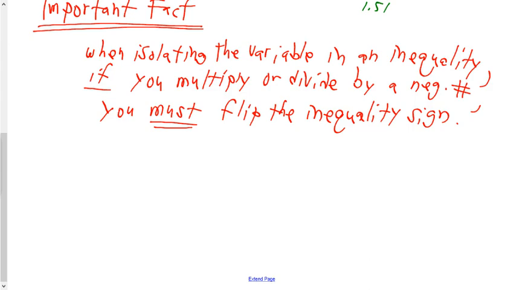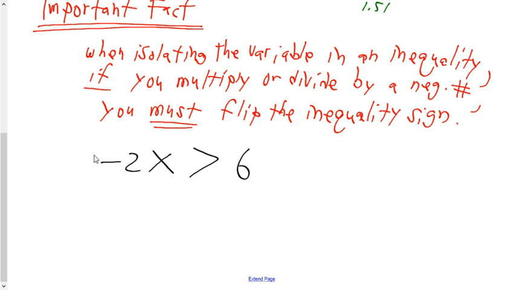So if we had a very simple one, I'll just give you one here. Negative 2x is greater than 6. So this says a number multiplied by negative 2 has a value greater than 6. Riley, mental math, don't solve it, just give me a number you think would work for that one.